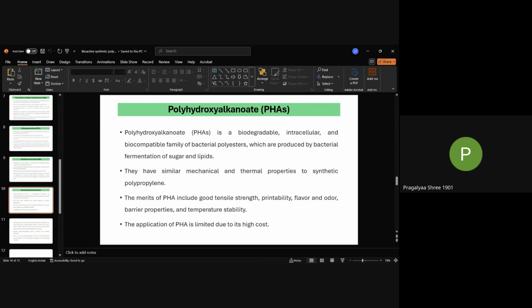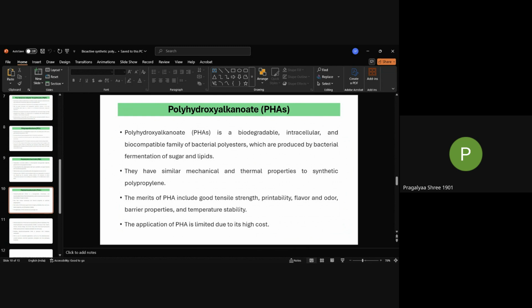The merits of PHA include good tensile strength, printability, flavor and odor barrier properties, and temperature stability. So it has a high melting point. If it had a low melting point, it would melt away easily.